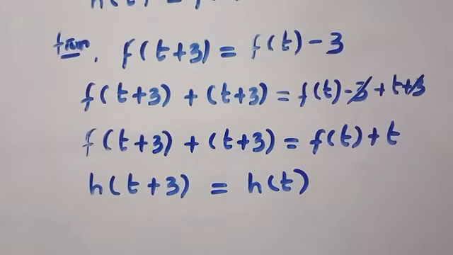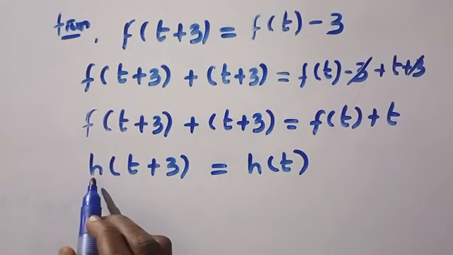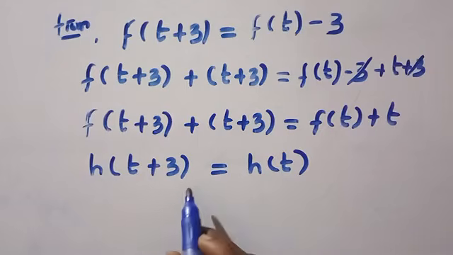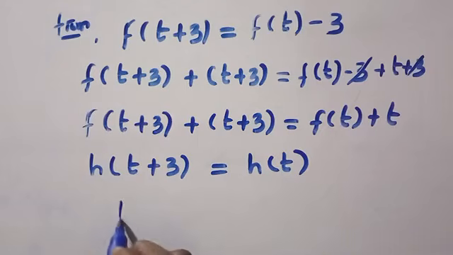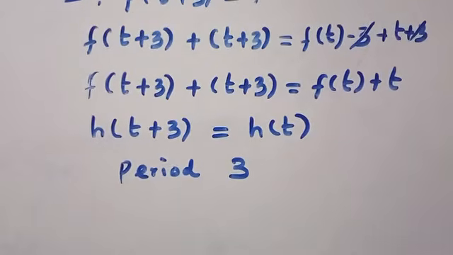So h is known as a periodic function, which always has the period of 3. Generally, if you let h be any function with period 3, then we are going to have f of t equals h of t minus t.